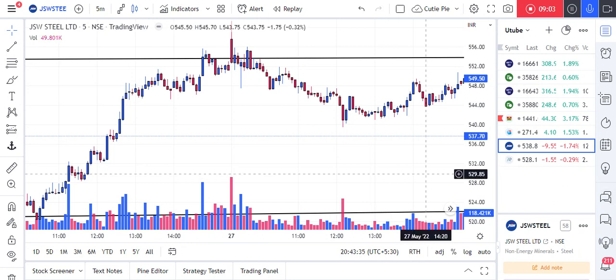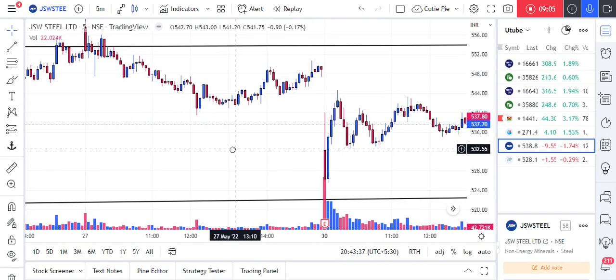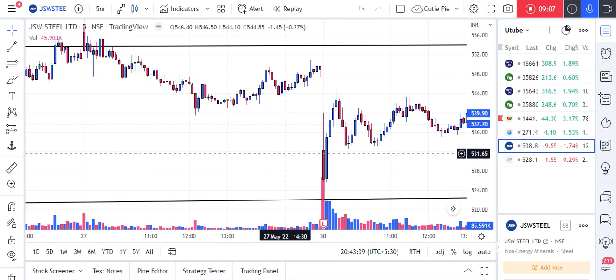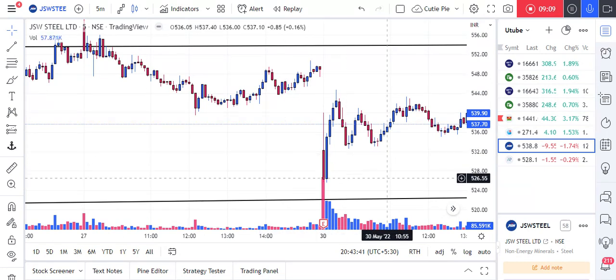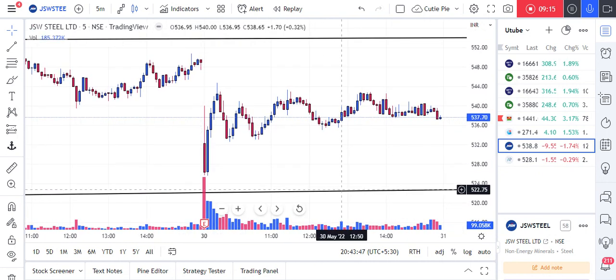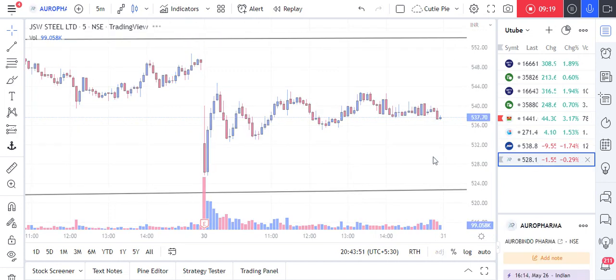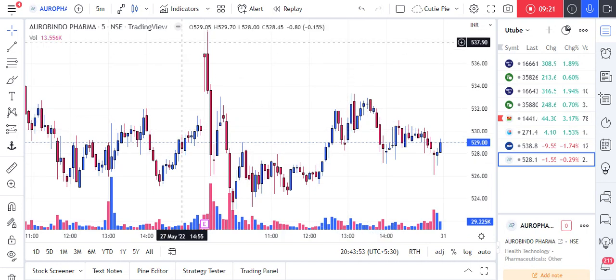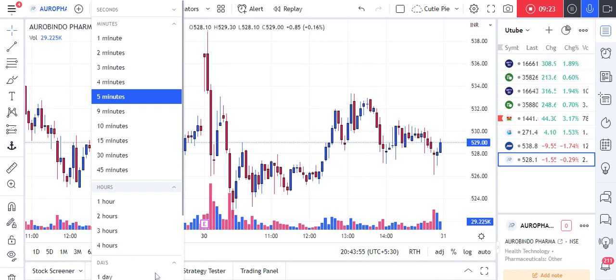Okay, so sometimes you won't get trade setups. It's not like every news will have some reaction on a particular stock, or that every time there is an earnings report you will get a trade setup. So for that, let me take some other example.